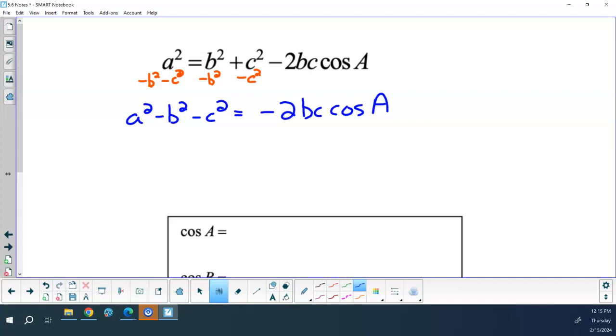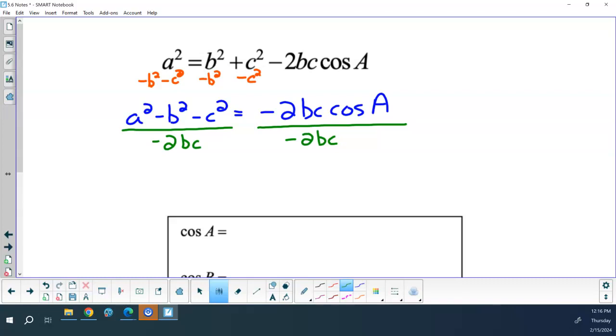Now I want to get the cosine by itself, because then I can use inverse cosine of that, whatever that is, to then find that angle. So what I'm going to do is divide everything by negative 2bc. Let me ask you this question.